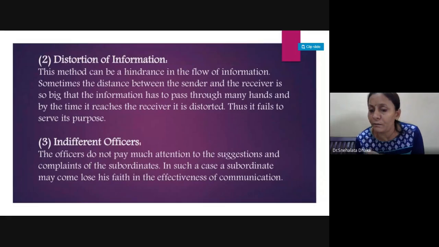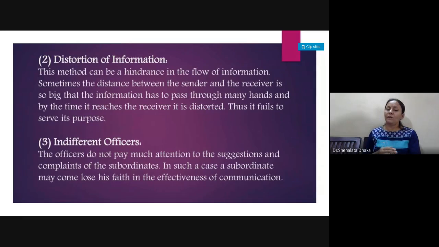Indifferent means careless, do not care, irresponsible. So what will happen, those people will definitely influence the effectiveness of communication, and people will not rely on certain types of officials.